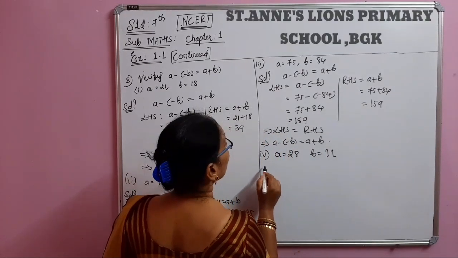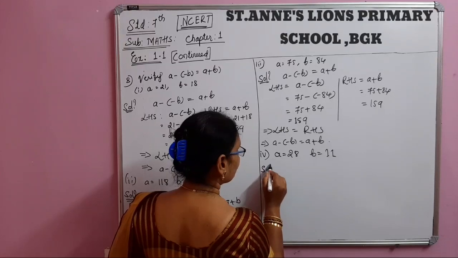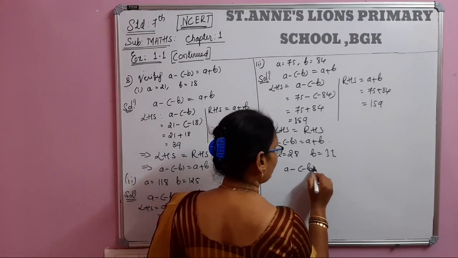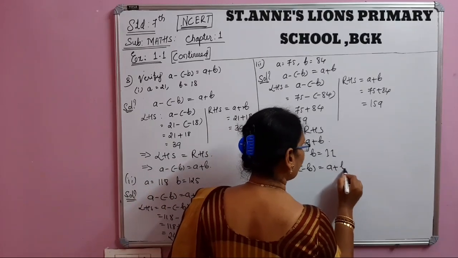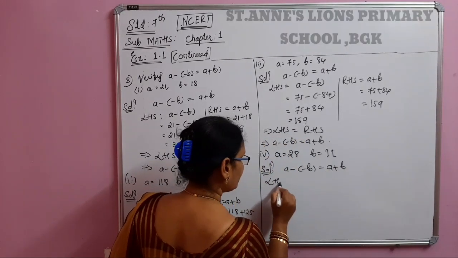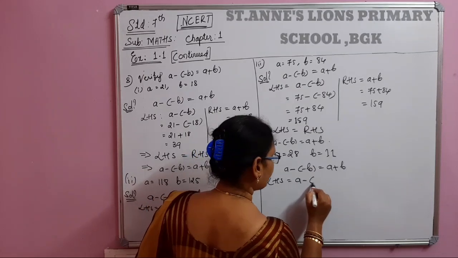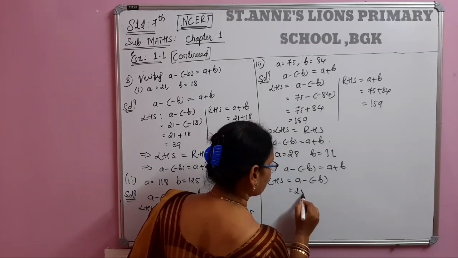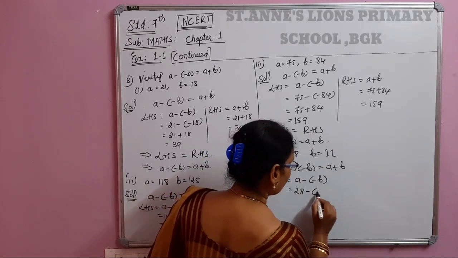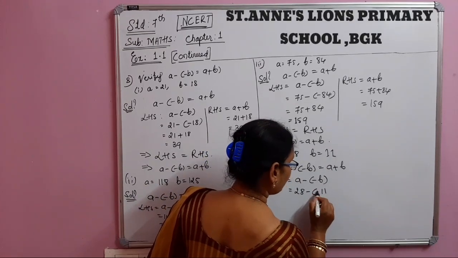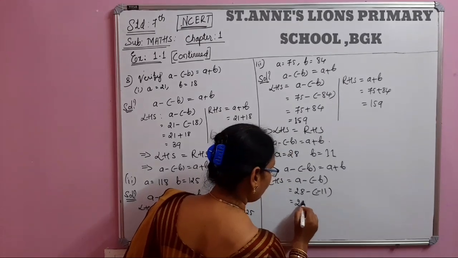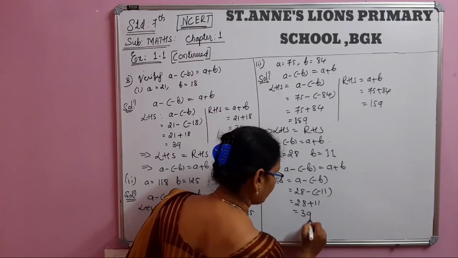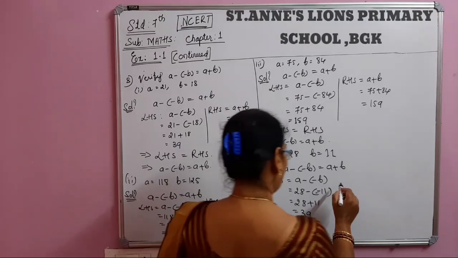So what is the given relation? Given relation is a minus of minus b is equal to a plus b. Here, what is LHS? LHS is a minus of minus b. So a is here 28 minus of minus 11. So 28 minus into minus is plus 11. That is 39. 8 plus 1 is 9, 2 plus 1 is 3.